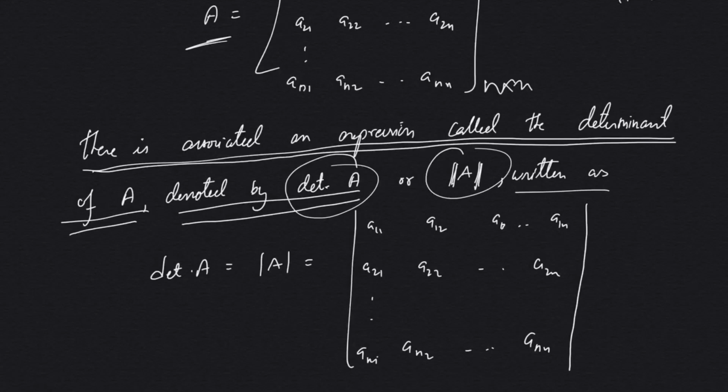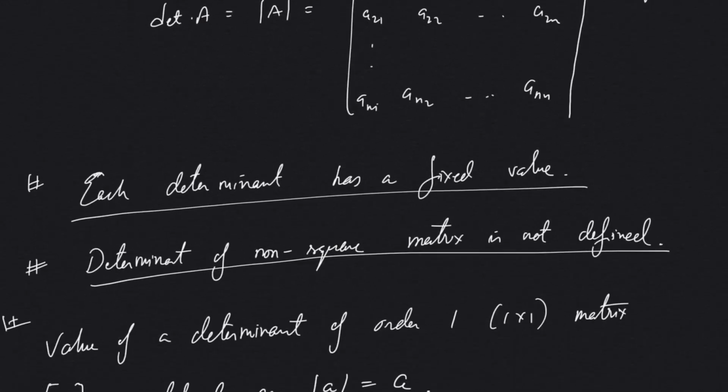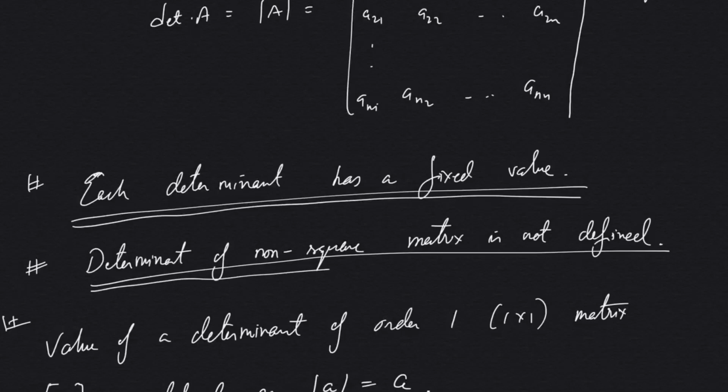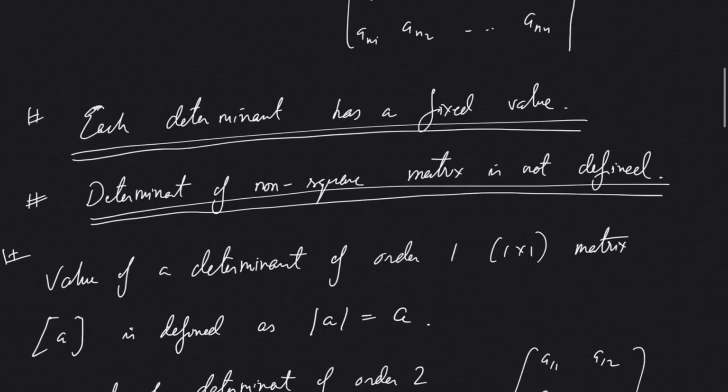In other words, we can also say the magnitude of a matrix, mathematically not speaking, but more generally. So determinant of A will be denoted by the straight brackets that we use to denote determinants. Remember that each determinant has a fixed value, and also a unique value for every different matrix, and the determinant of a non-square matrix will never be defined.